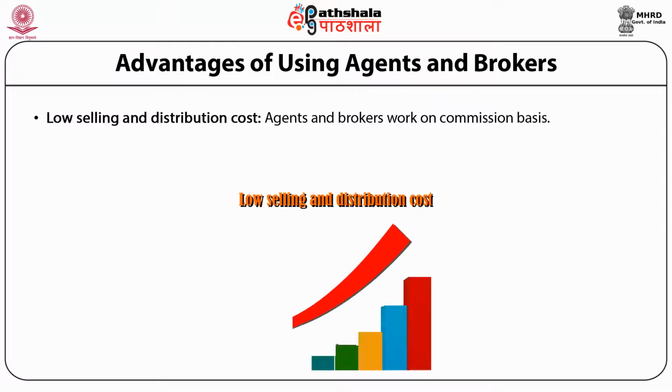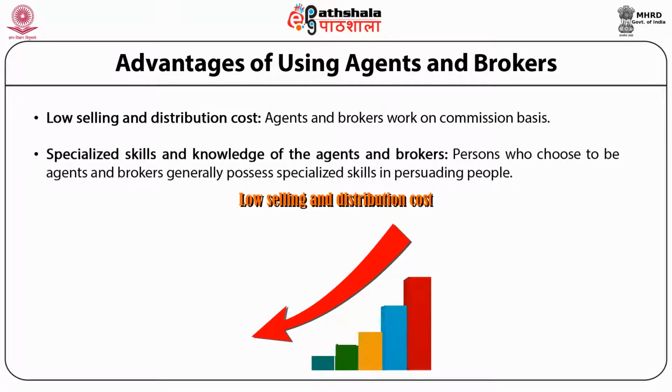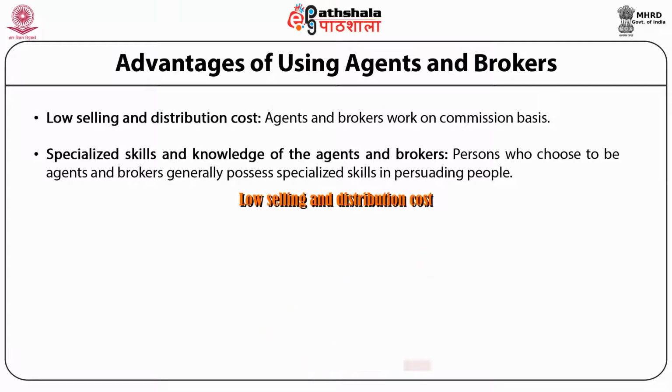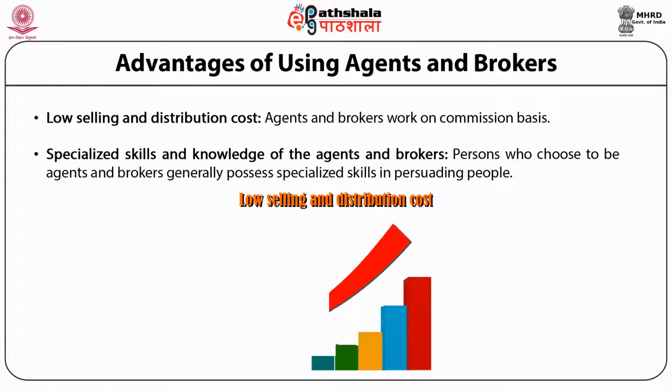Second advantage is specialized skills and knowledge of the agents and brokers. People who choose to be agents and brokers generally possess specialized skills in persuading people. Service companies can exploit those skills in their favor without an additional cost by hiring these people for add-on services.